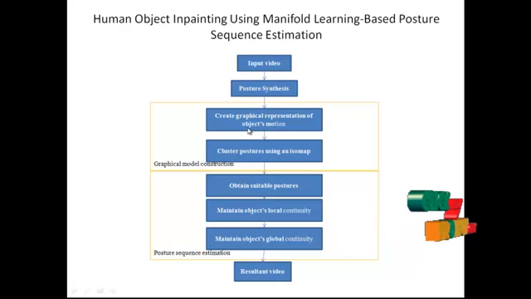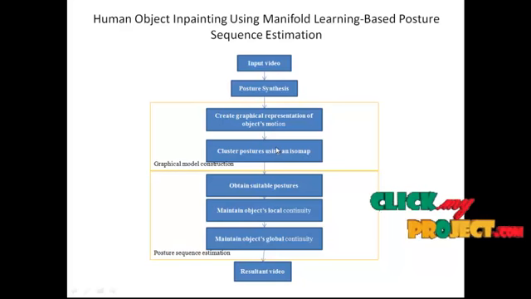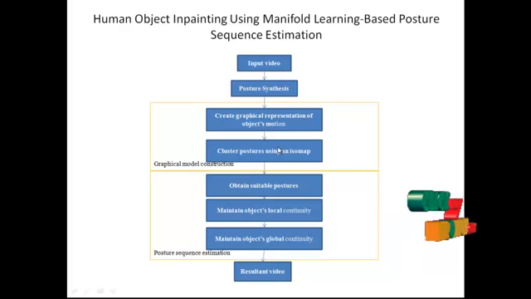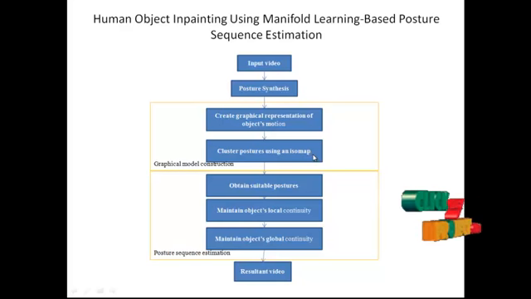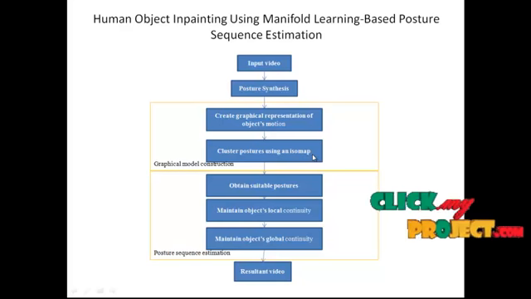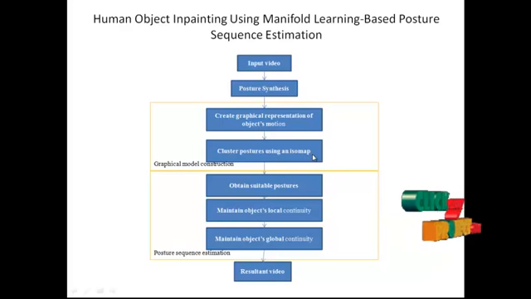After calculating the similarity of the postures, we cluster all postures in the database using Isomap. Here, the postures are given as input data points for Isomap, and the distance between them is the similarity between the postures.